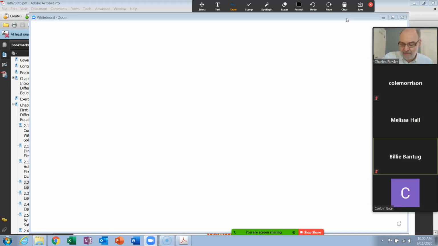Example 1, bottom of page 56. Okay. Now we'll come back and do it by separation of variables, and you'll see it is easier.